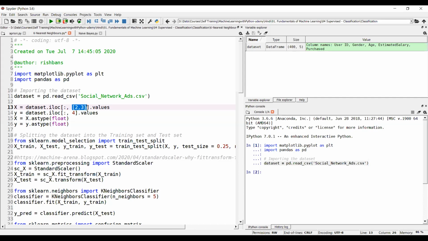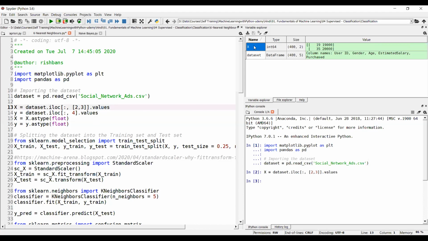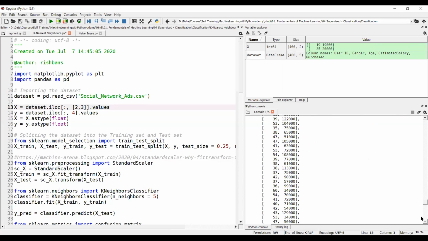So here we are going to import the second and third, that's why we are giving it like this. Then .values, and now you import this. We got x. So we got age and estimated salary.